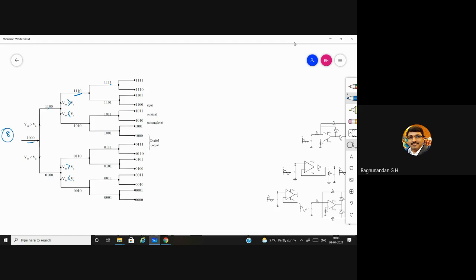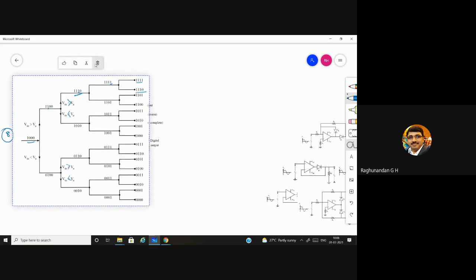Again this goes to the next level, and if the input is higher than this, then this will be retained and made the final value. If the input is lesser than this, then the latest bit which was changed will be made 0, and this will be the final value. So this is how it is going to work.